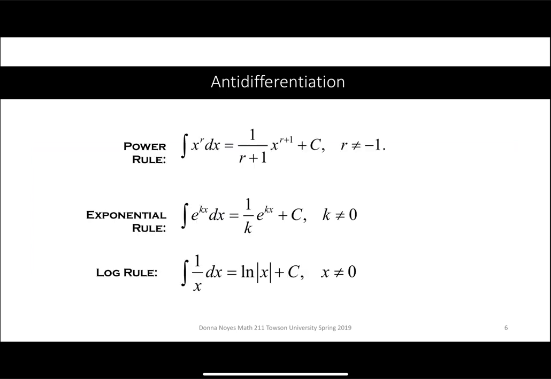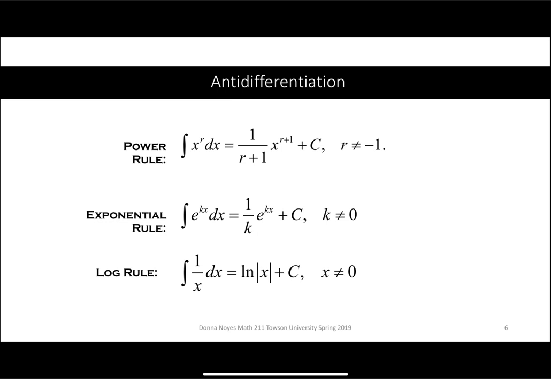We also, now that we understand what an integral is, can define some rules of antidifferentiation. So the first one is our power rule, which says the integral of x to the power r dx is equal to 1 over r plus 1 times x to the power of r plus 1, all plus c.